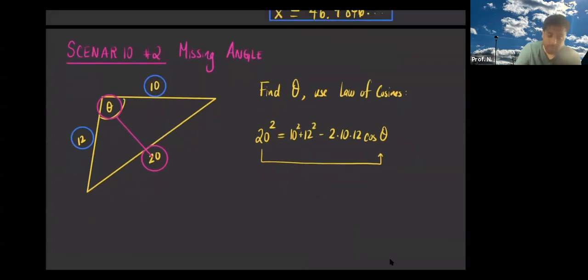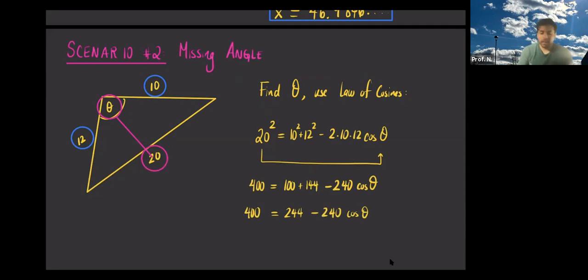And now I do this carefully. This is 400 on the left side. This is 100. This is 144. This is 240 cosine of the angle. So be careful with the arithmetic here. This is 244. This is 400. This is 240 cosine of the angle. At the end of the day, what do I want? I want theta.